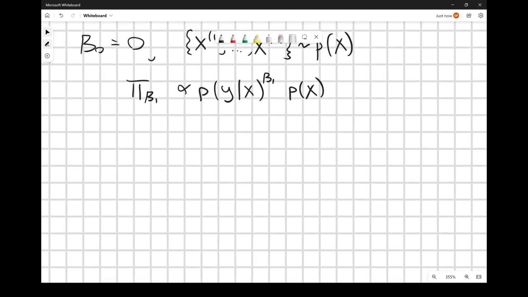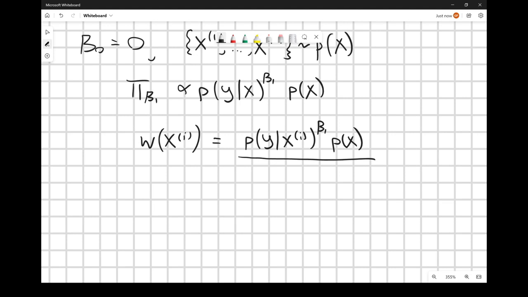So the importance weights of our samples are given by the target divided by the proposal. So the weight of sample xi is going to be equal to, so target, like we said, is likelihood evaluated at sample i to the power beta 1 multiplied by the prior evaluated at sample i, divided by the proposal, which in this case is the prior.